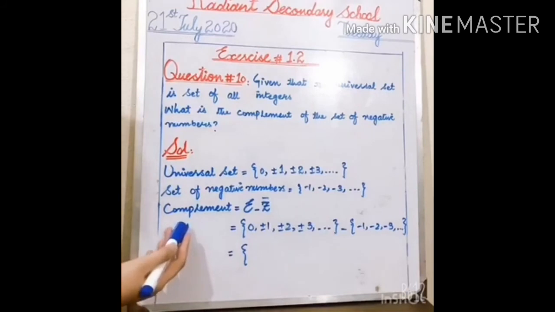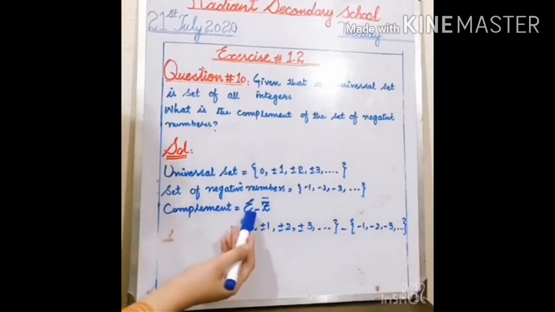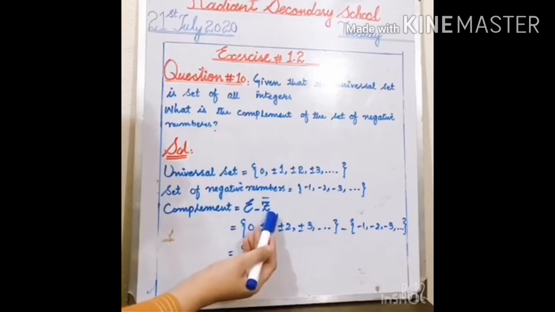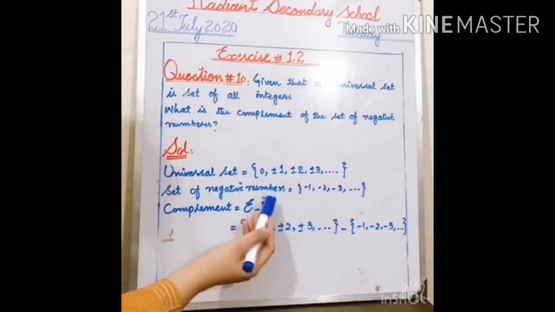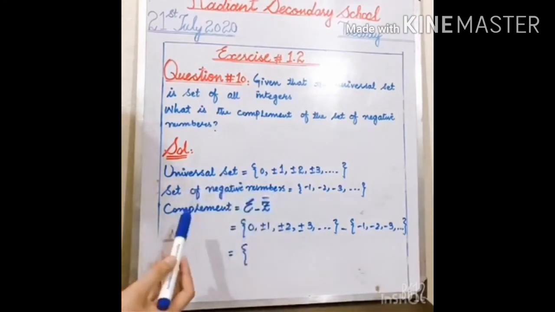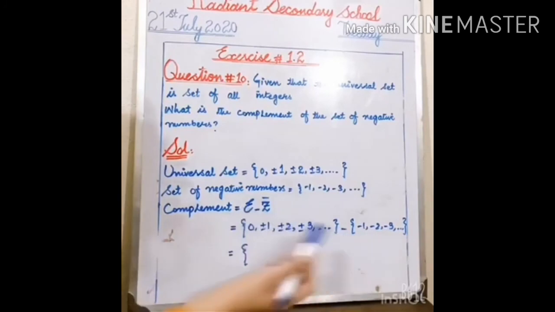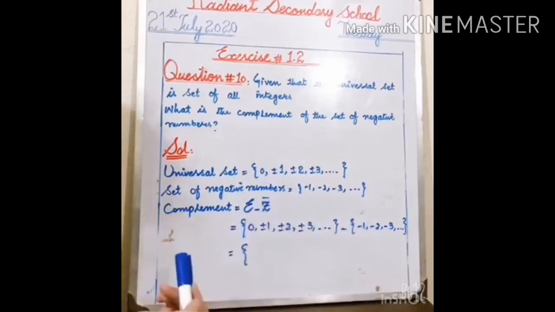So what you have to do, you have to find out the complement. And for the complement, you will write E minus Z. E is the universal set and this Z is representing the integers, and this negative sign is showing that these are the negative integers. So firstly we write down the universal set, put the minus sign and then the integers.